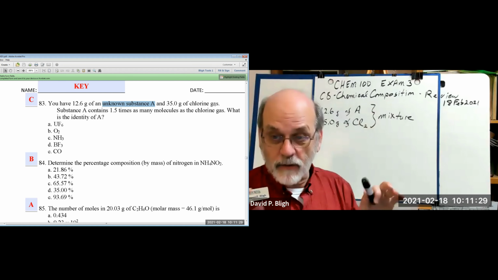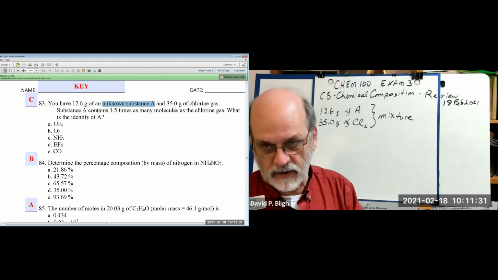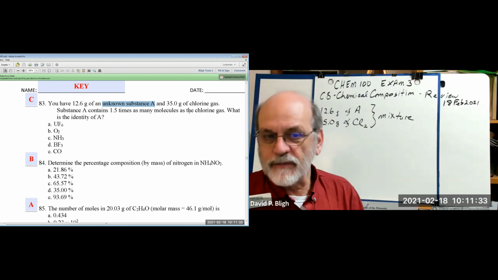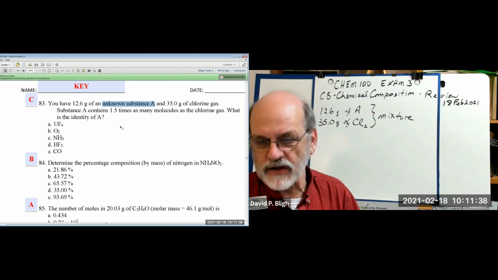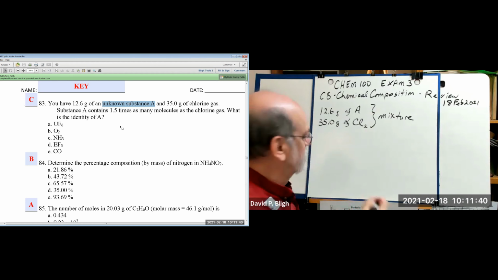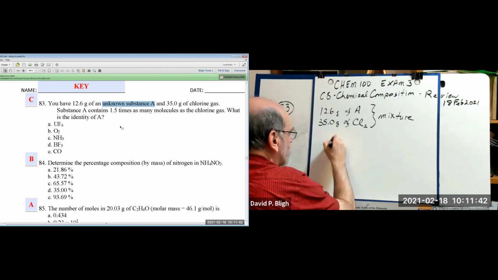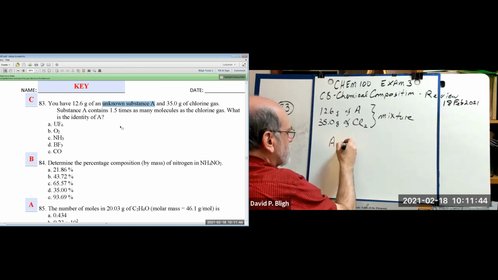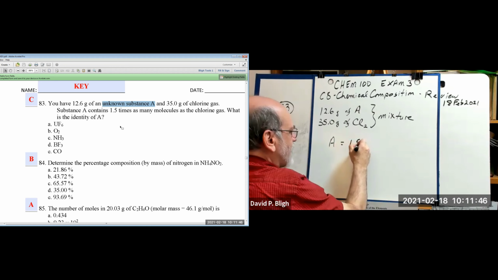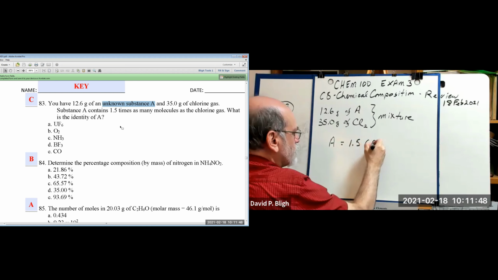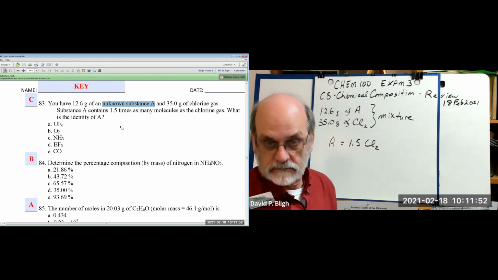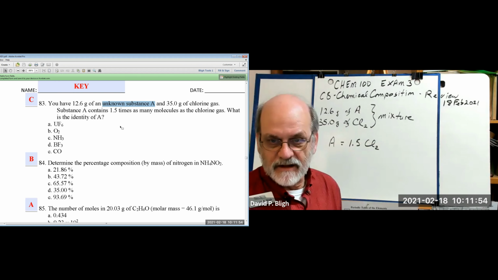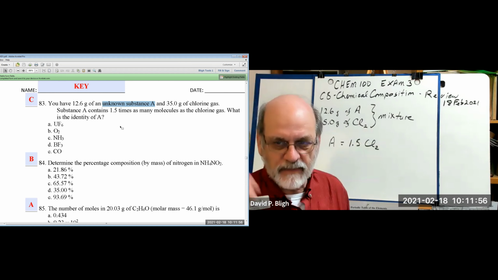Now, with that being said, the problem is solvable. Other information that you're given: substance A contains 1.5 times as many molecules as chlorine. So now a solution is shaping up in my mind.